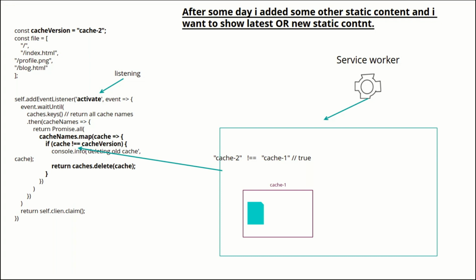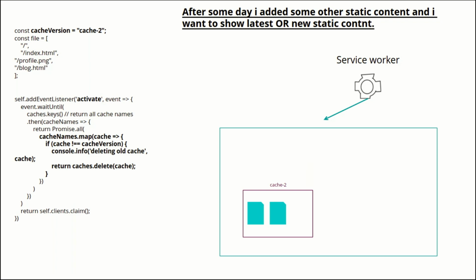Cache2 is a string not equal to cache1. It is true. That means it executes the command caches.delete cache1. So it deletes cache1, and you finally get cache2 here.